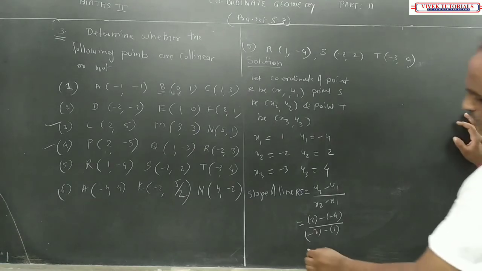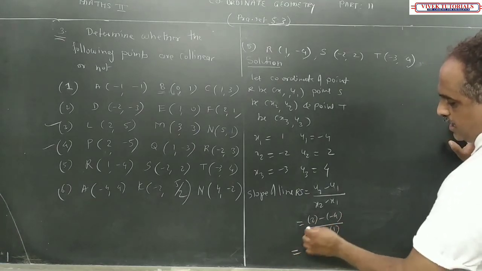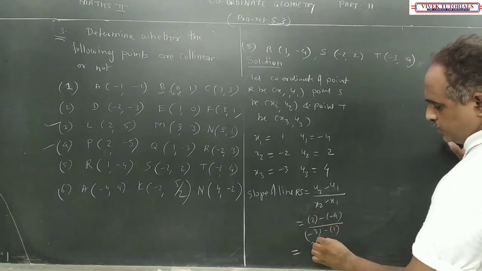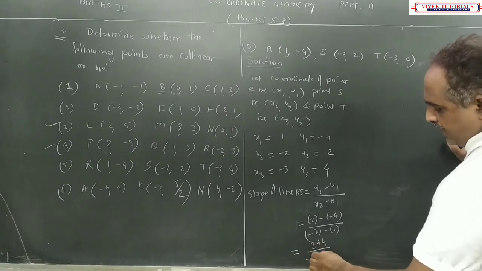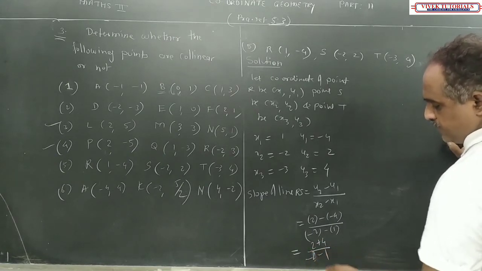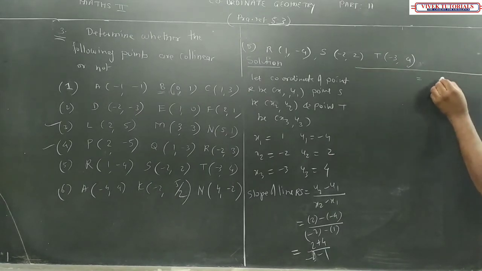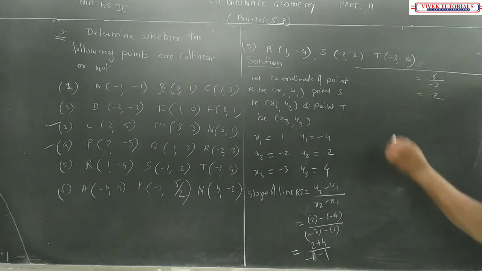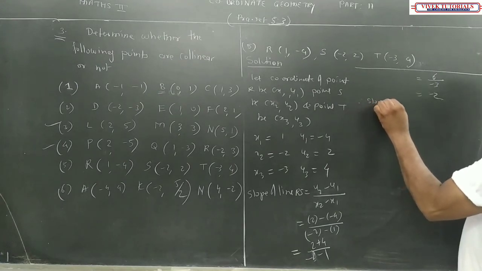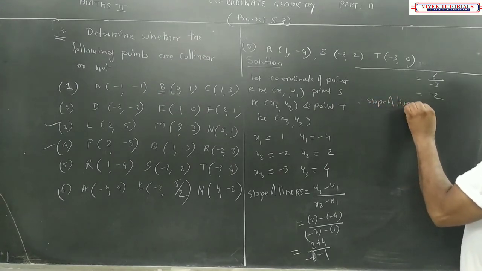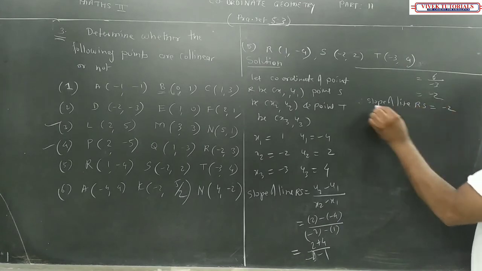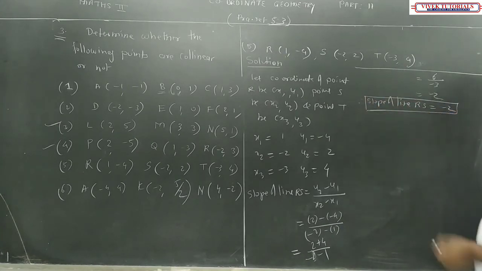So we are getting 2 plus 4 upon -2 minus 1. That is equal to 6 upon -3, which is -2. So the slope of line RS is nothing but -2.